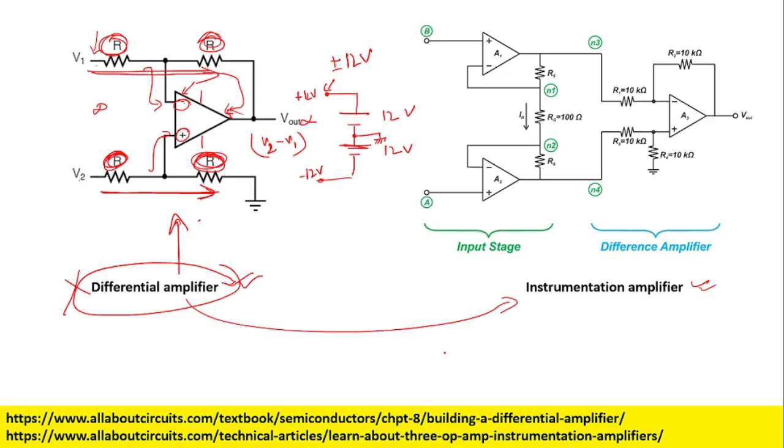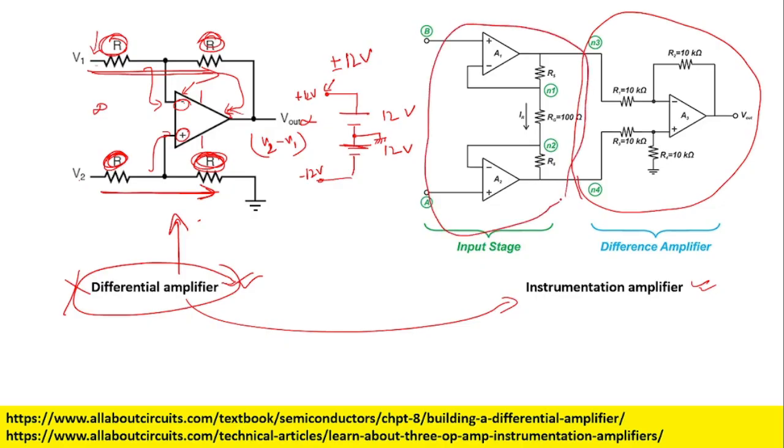So what to do? We have to use this instrumentation amplifier, and in this instrumentation amplifier, if you see, we are having this differential amplifier and we have an input stage preamplifier inbuilt, where the input is directly into the non-inverting terminal.